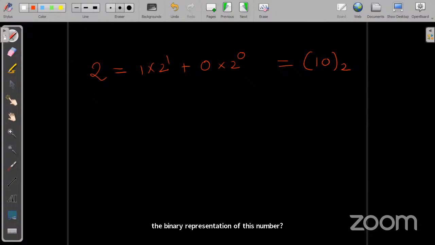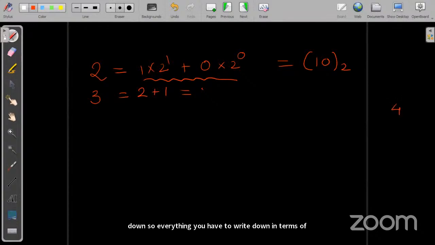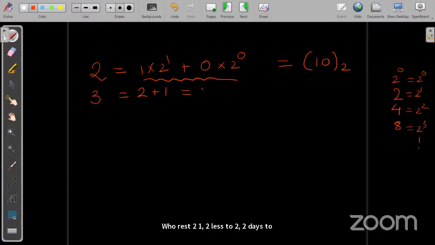What will be the binary representation of 3? So 3 I can write as 2 plus 1. Everything you have to write in terms of powers of 2: 2 raised to 0, 2 raised to 1, 2 raised to 2, 2 raised to 3, and so on.